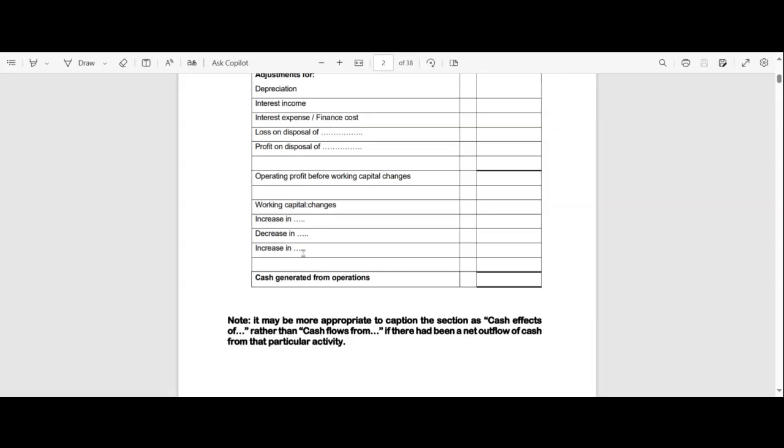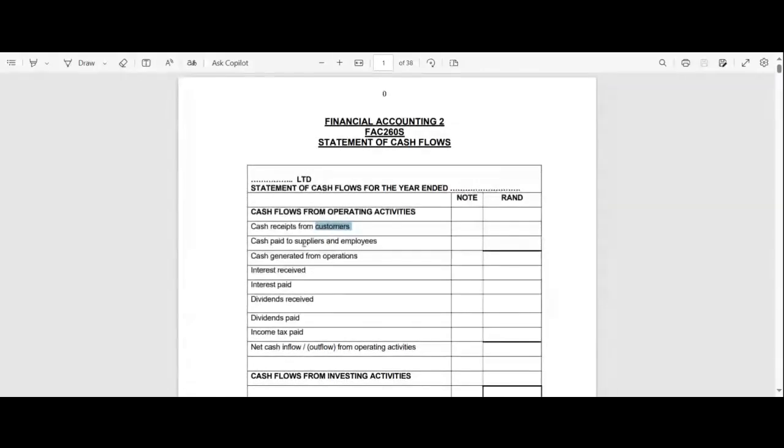But I think it's best practice to combine them, as you should in your statement of financial position as well. Why trade and other payables? Because it has everything to do with your wheelings and dealings with your suppliers, right? So it is part of the operations.